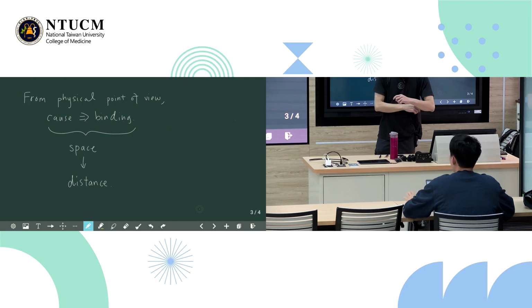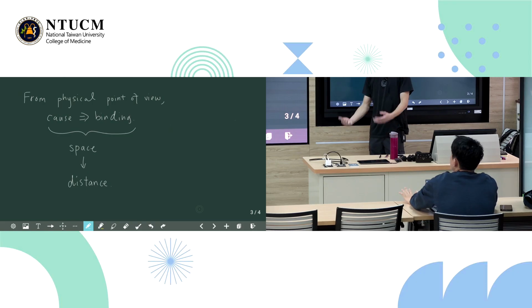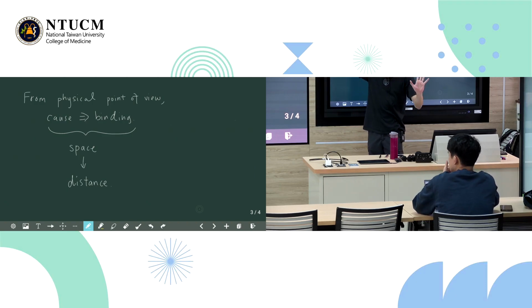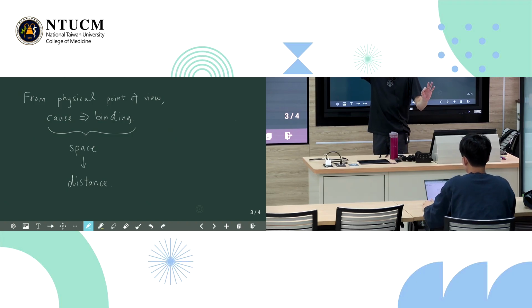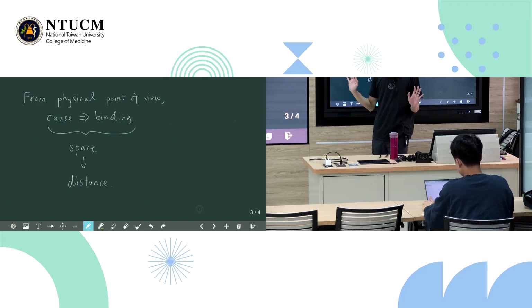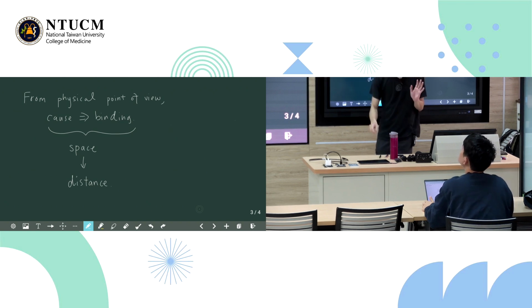The fact that your visual system has to encode this location is here, and this location is here. Therefore, they are separated by however many meters. And this is absolute. This is not arbitrary.